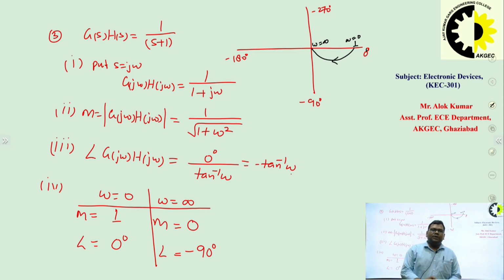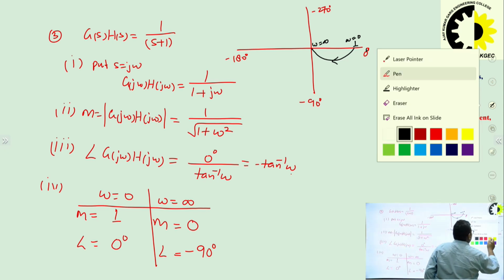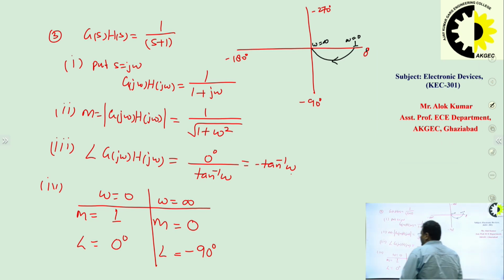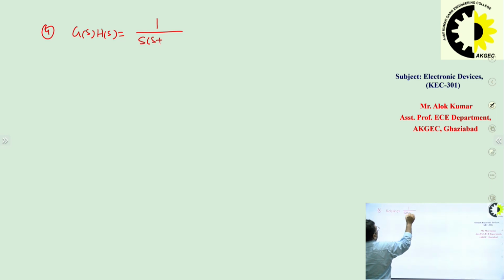Now if we mix up these two, consider if we have an origin pole and a non-origin pole, then what will happen? So in the next example, we will see what will happen if we have both conditions, an origin pole and a non-origin pole. So for the fourth example we are taking G(s)H(s) is equal to 1 upon s into s plus 1, right?